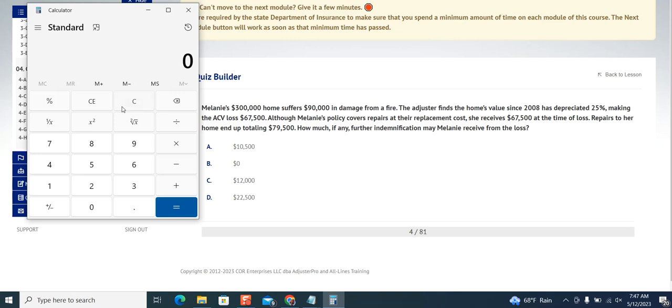Okay, let's see. I'm trying to think. There's a formula to do this. I just can't think of the formula right now. I want to say the formula is something divided by something times something, I think.